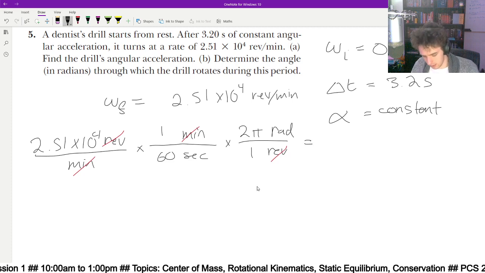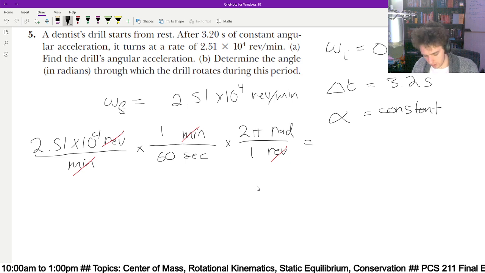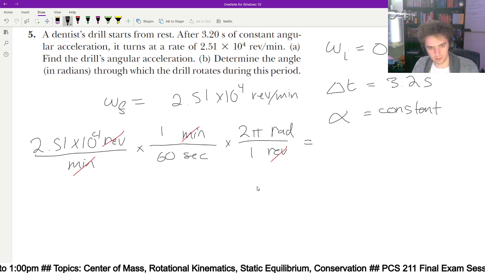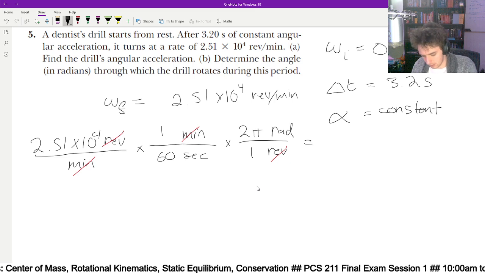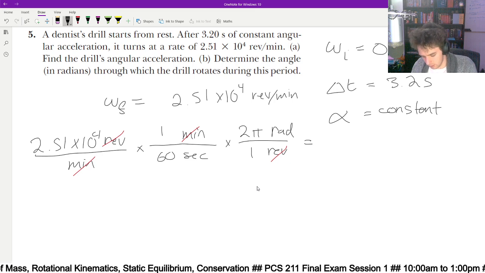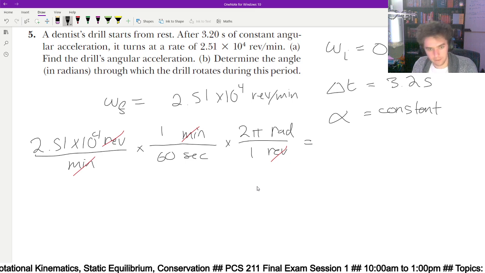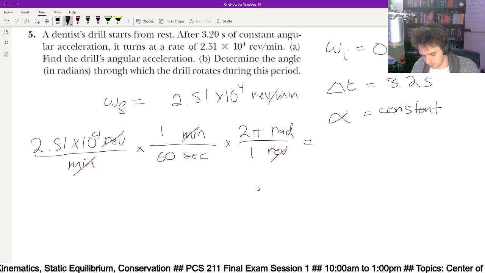So it's going to be 2.51 times 10 to the 4, put that in brackets, times 2 pi over 60.